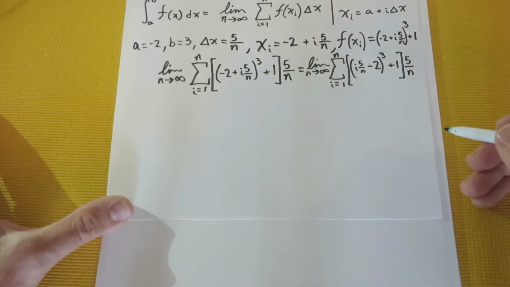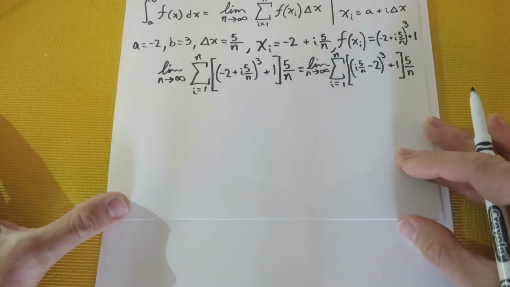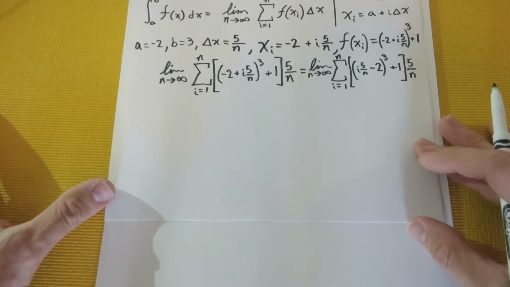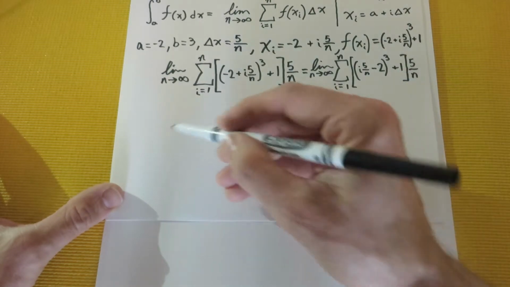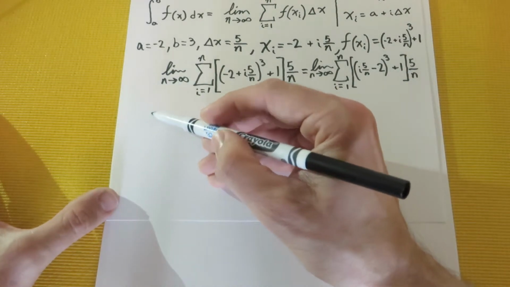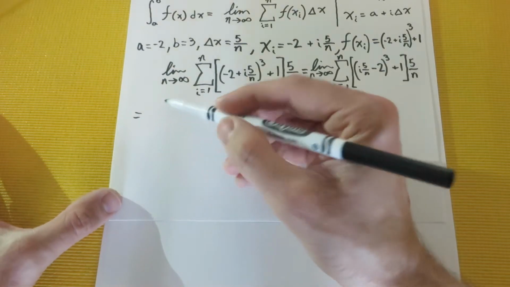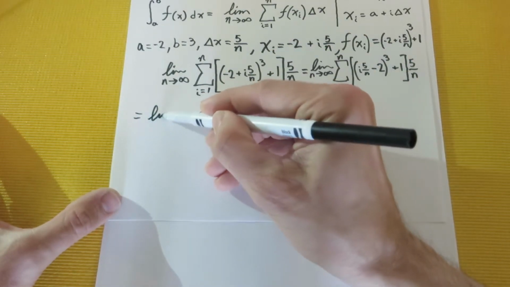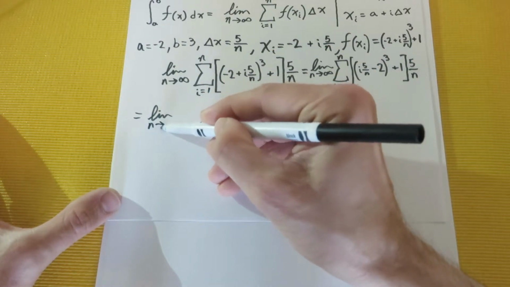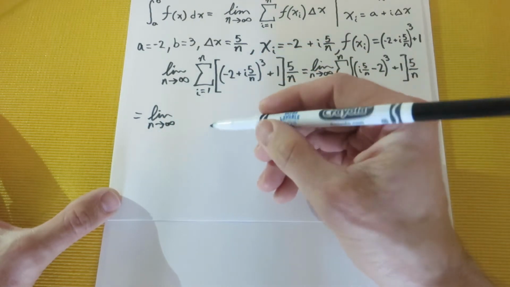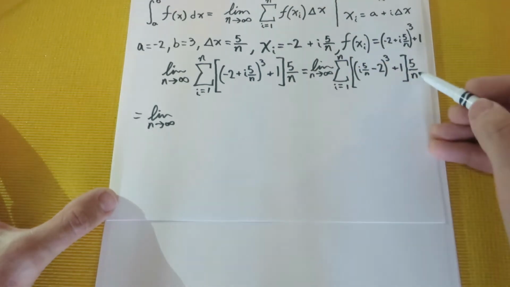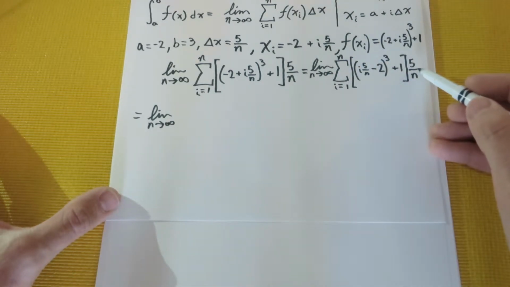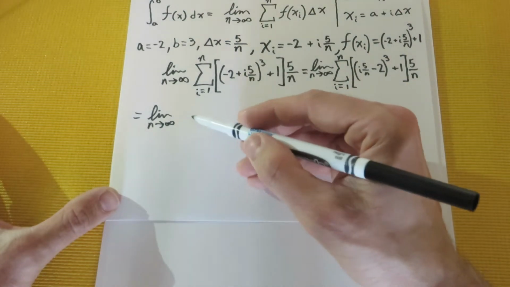Alright, now we can expand this. And I'm just going to expand the cubed expression here. This is equal to the limit as n approaches infinity of, why don't we bring our 5 over n out front, and then we can put it back in later.